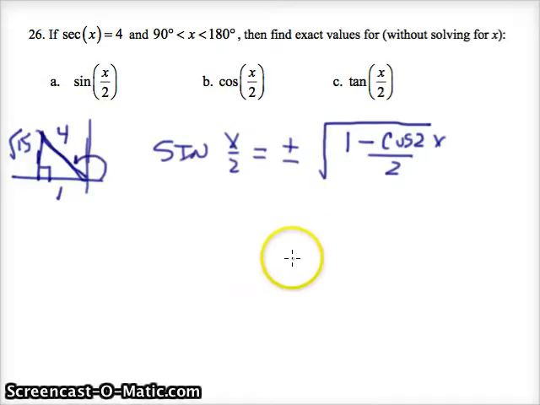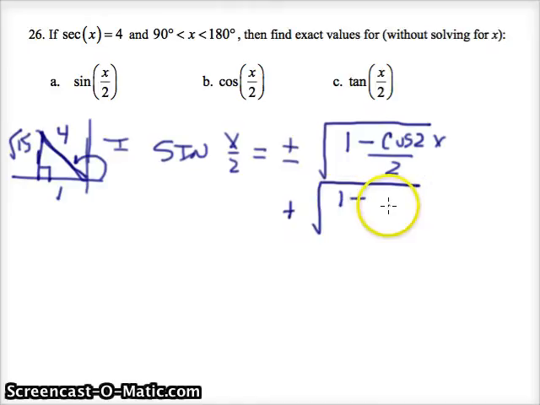Do keep in mind that if it's a quadrant between 90 and 180, half of that angle would be in quadrant 1, which would be positive. So I'm just going to use the positive side. 1 minus cosine of 2x. Well, cosine of 2x is this angle over here, okay?